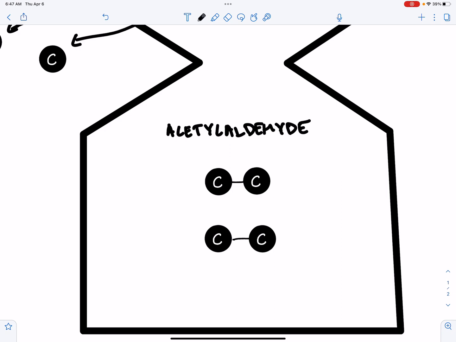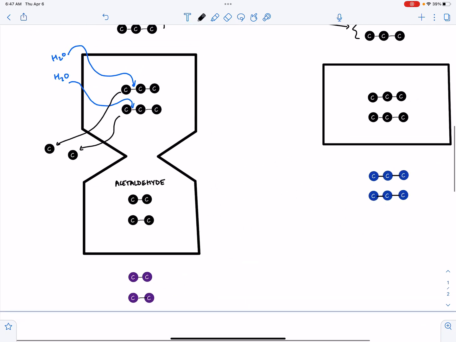Okay, so this is a 2-carbon compound, acetaldehyde.